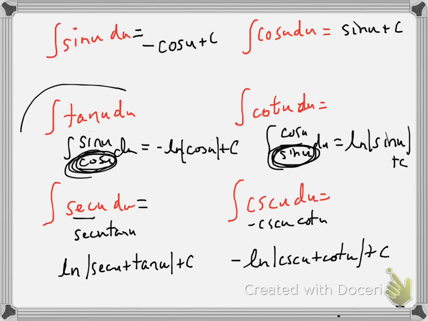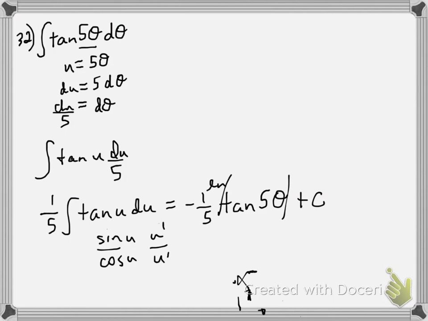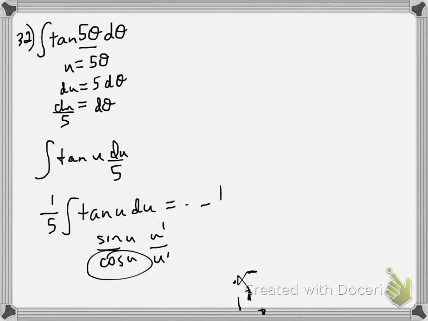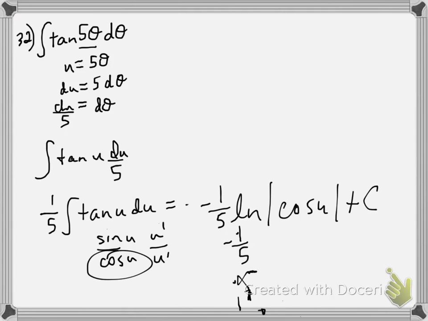Sorry, I think I wrote the wrong one. Late night video making. Your u is right there. So negative 1/5 natural log cosine of u plus c. And your u is 5 theta. Get it back in the right form.